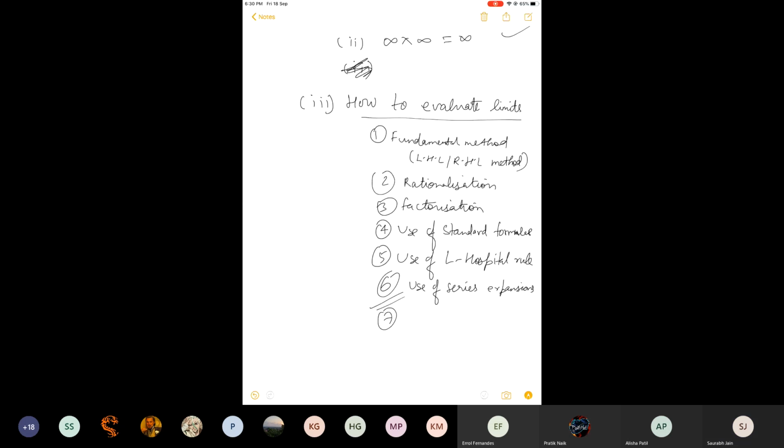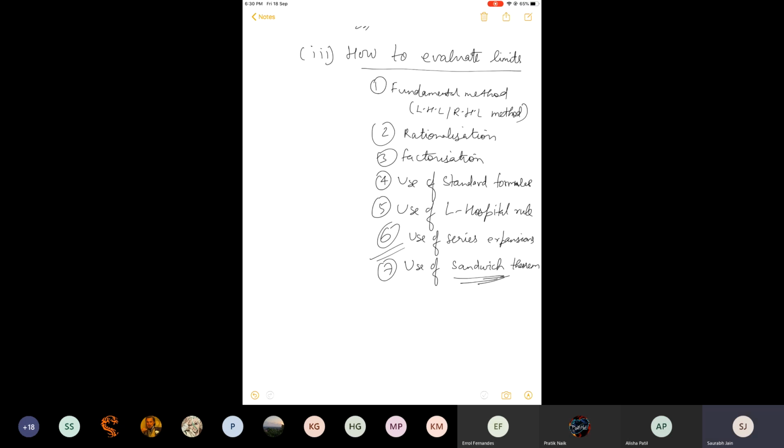Then there is one interesting theorem called sandwich theorem. It is exactly the same thing you may be imagining right now, a sandwich. We will see how it comes in mathematics. So fundamental, rationalization, factorization, standard formulae, L'Hospital, series expansion, and sandwich theorem are the various techniques to evaluate limits.